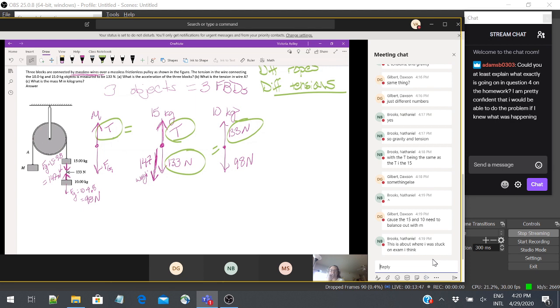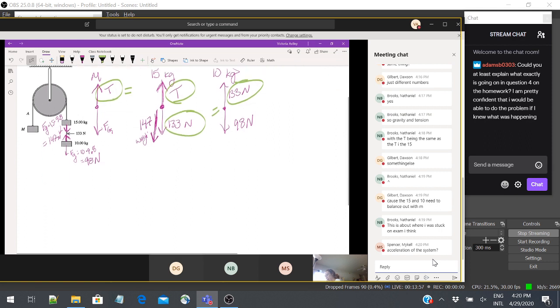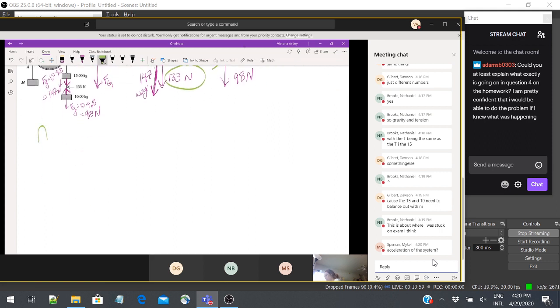No suggestions? Acceleration of the system? Yeah, we can do that. We can apply Newton's second law to each object and to the system.